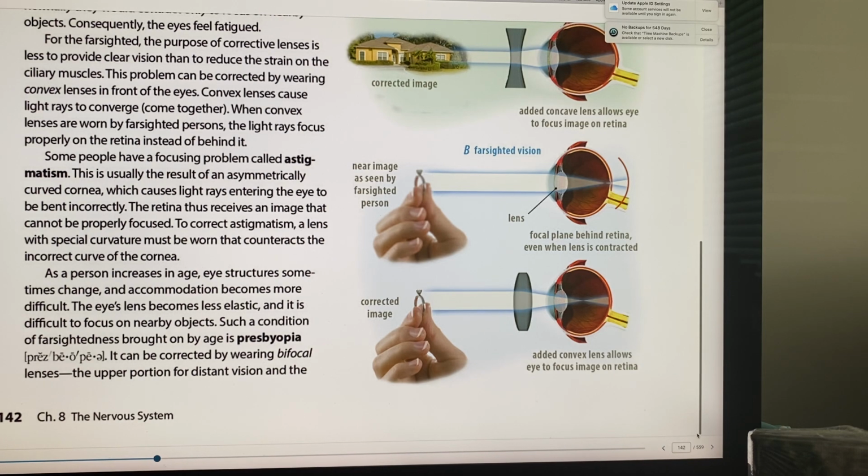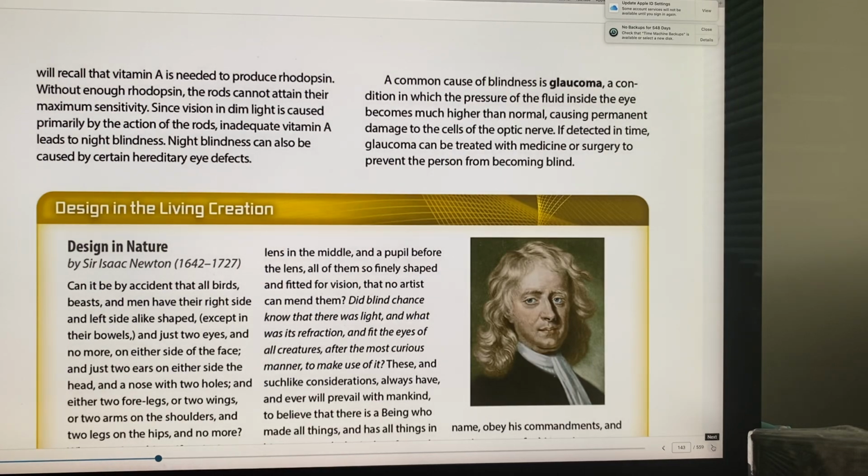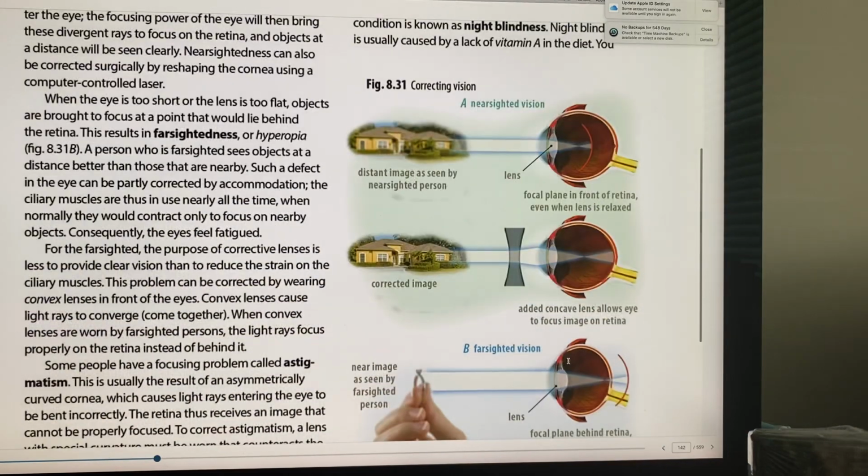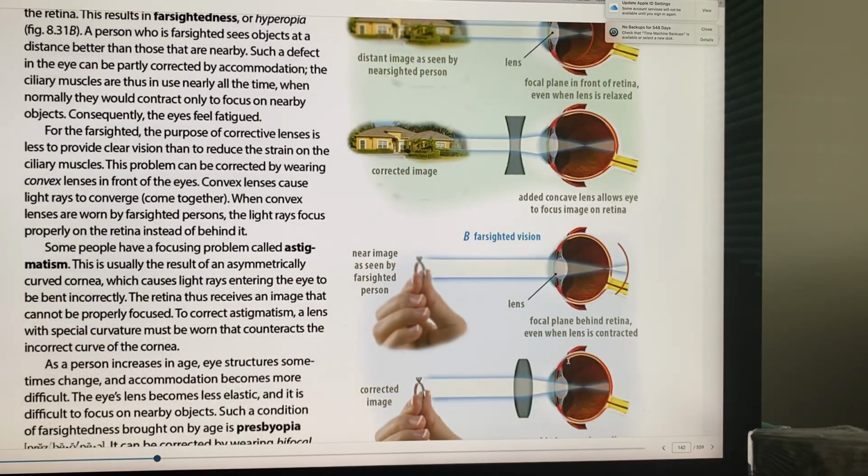And of course, we also have astigmatism. Astigmatism is different from all of these, because it means the light rays are bent incorrectly, because instead of a round pupil, the eye is kind of turning into an ellipse type.